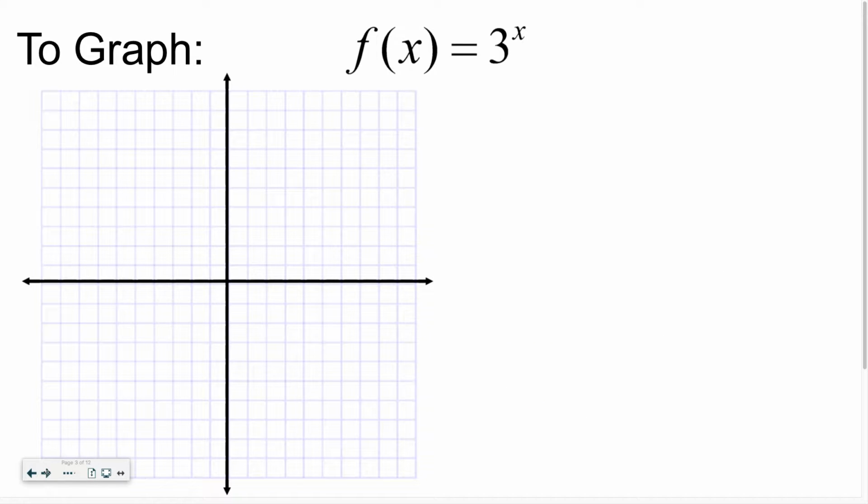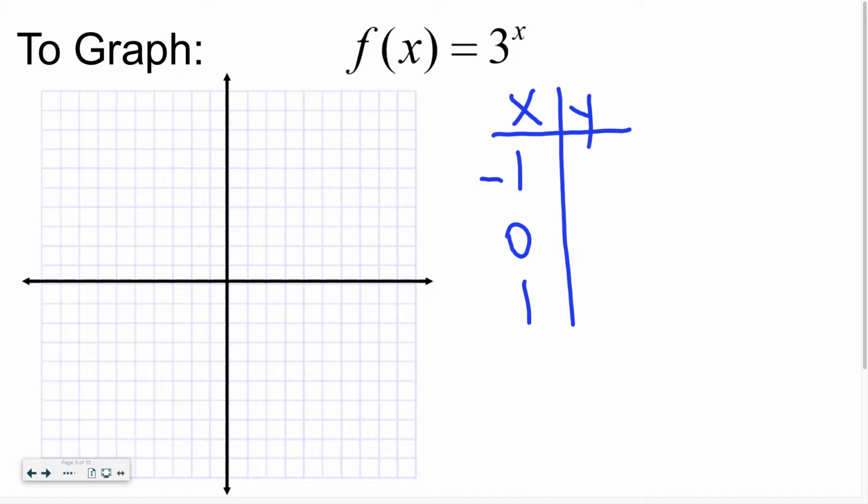So we're going to graph f of x equals 3 to the x. Okay? And when we're talking about a parent function, these are the 3 values I want you to plug into your parent function: -1, 0, and 1. These are the 3 easiest values to plug in, and they're going to give us enough information to give us a good shape.